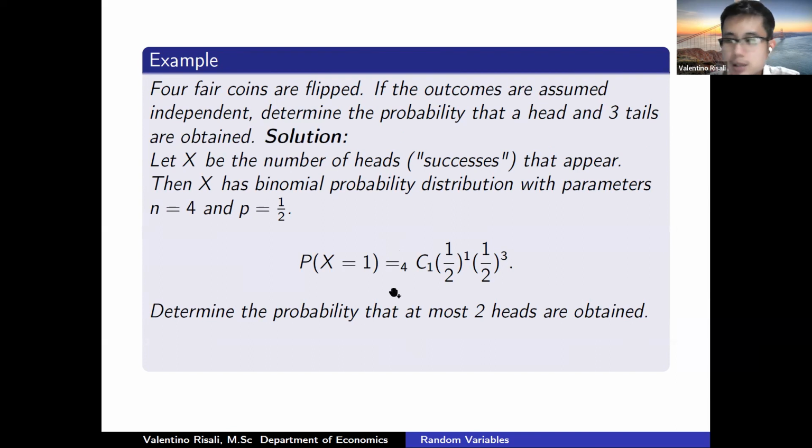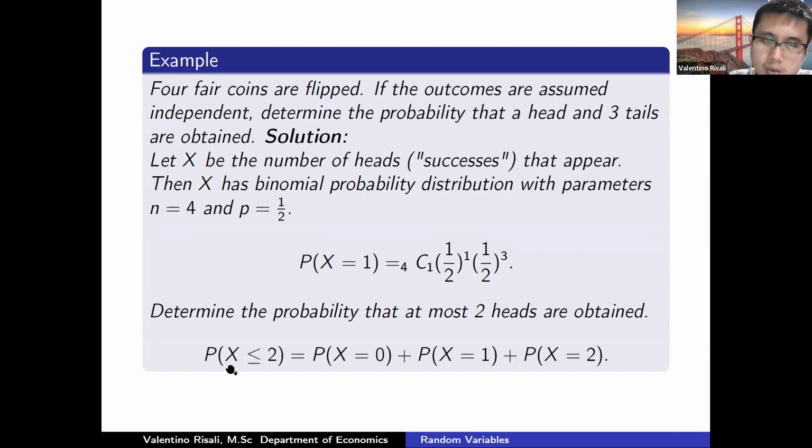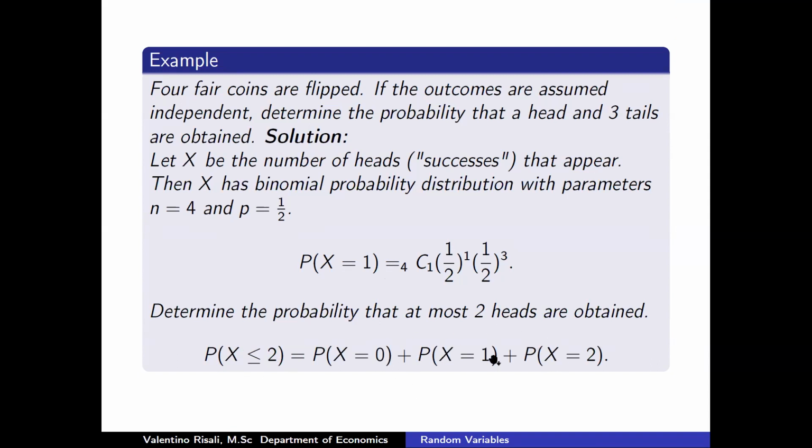And then if we want to determine the probability that at most 2 heads are obtained, we can write it in this notation, and of course the probability is the sum of these 3 probabilities.